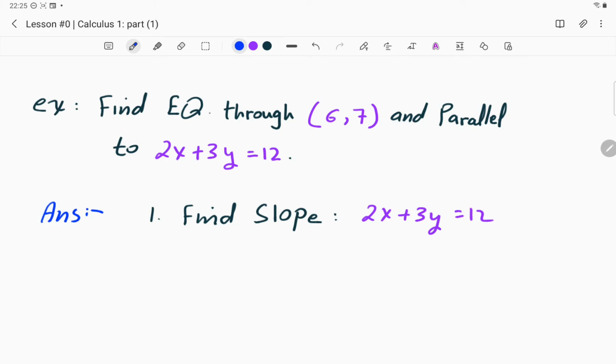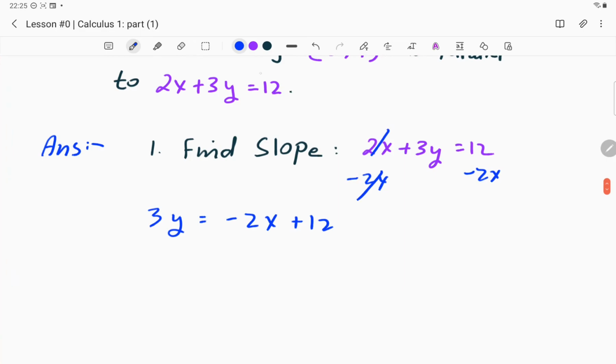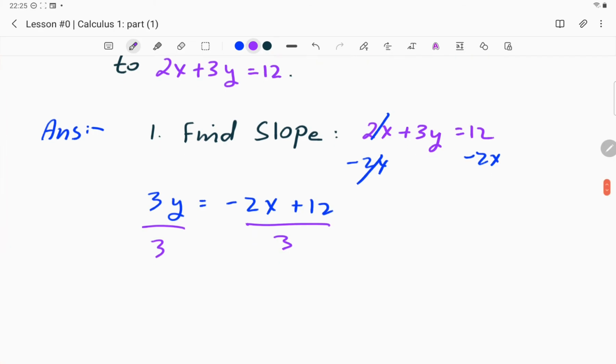In this equation, there's the number 12 on the right side, so it's much easier to move the 2x over to the other side. Then you will have 3y equals negative 2x plus 12, right? And then, to get y by itself, you divide by 3 and divide by 3. Don't forget, the division applies to all the terms. So it's basically like that.